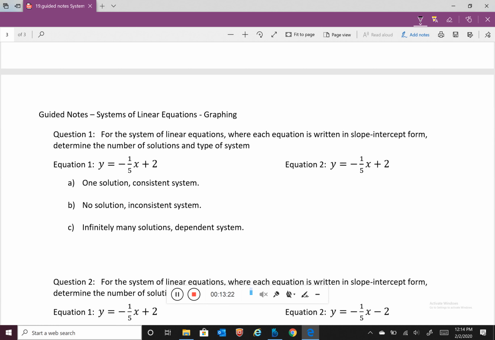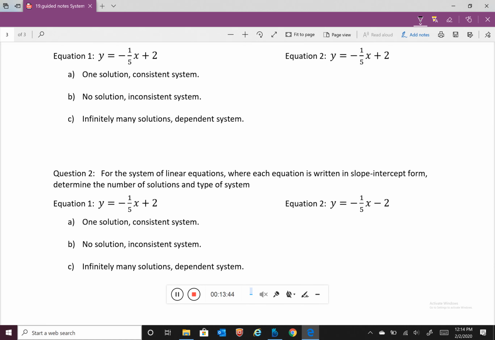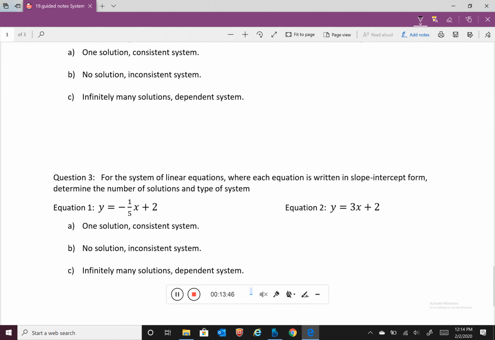So for each of these, equation 1, equation 2, for questions 1, 2, and 3, you're going to determine 1 solution and consistent system, no solution, inconsistent system, or infinitely many solutions dependent system. So that is the same for question 1, question 2, and question 3, where the equations 1 and 2 have some variety. Make sure you go to your front page to help you with the solution.